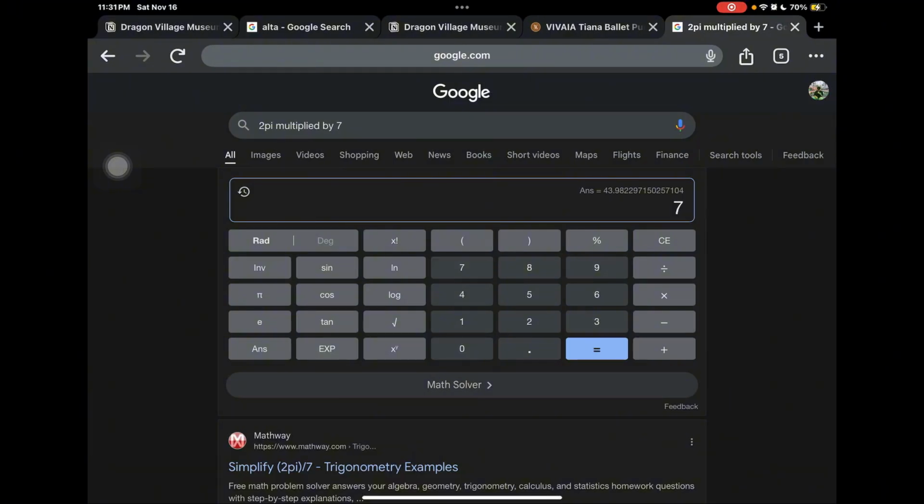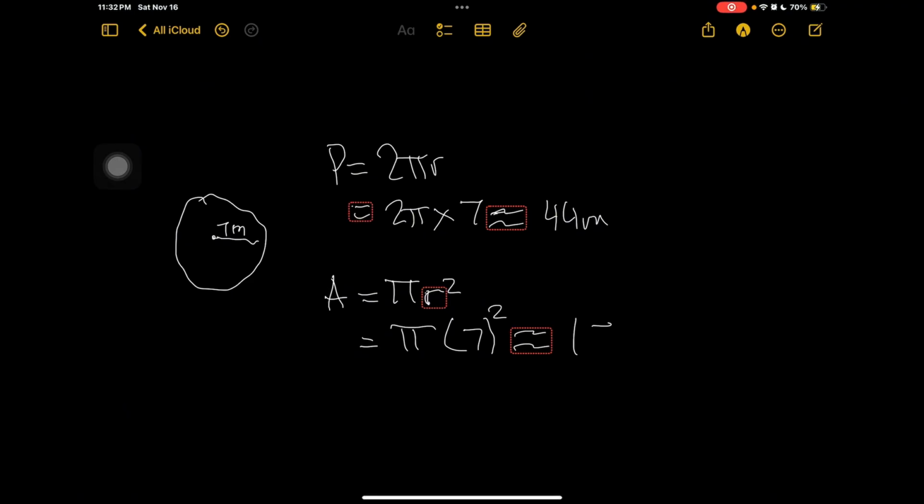So 7 squared is 7 multiplied by 7 is 49. So pi multiplied by 49. So 153.9, 154 square meters. So this is our area and our perimeter.